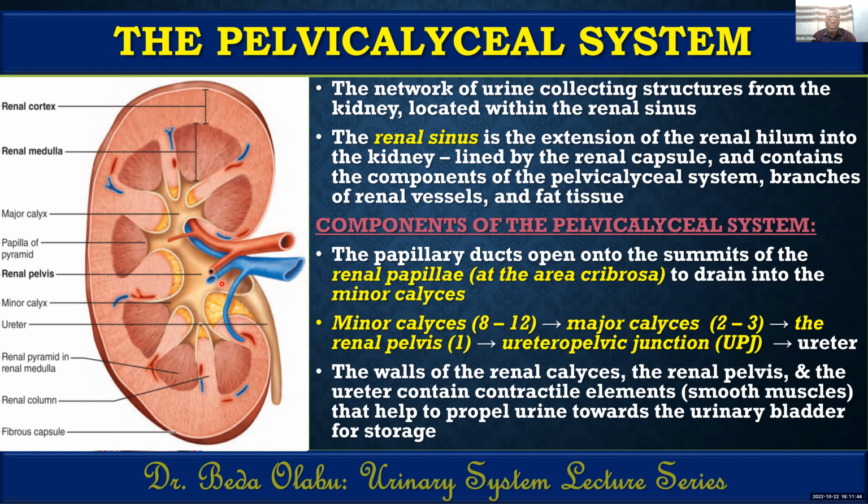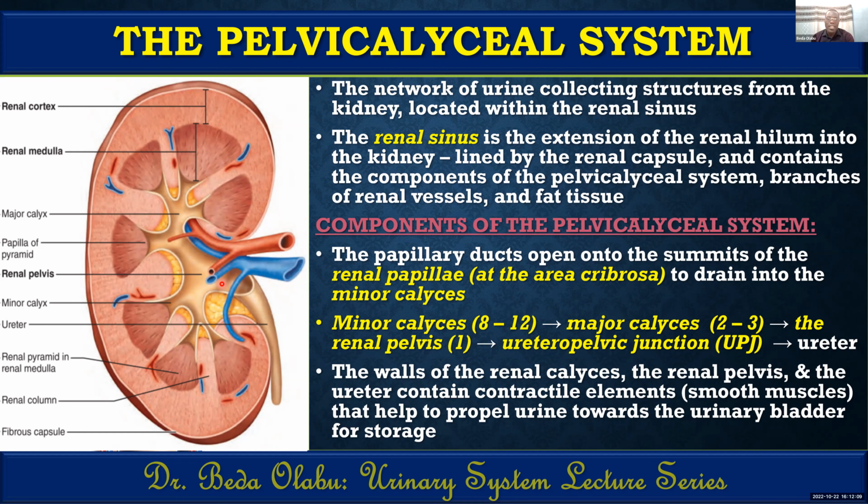Now, the walls of the pelvicalyceal system, as well as the walls of the ureter, usually contain smooth muscles. The smooth muscles within the walls of these urinary passageways help to propel urine towards the urinary bladder for storage. And so the position of an individual may not matter much, whether they are lying horizontal or vertical.